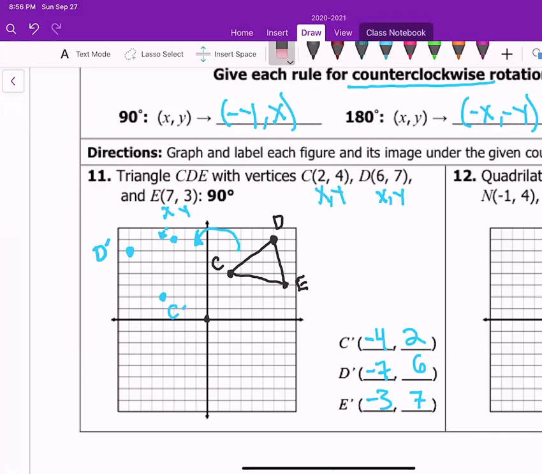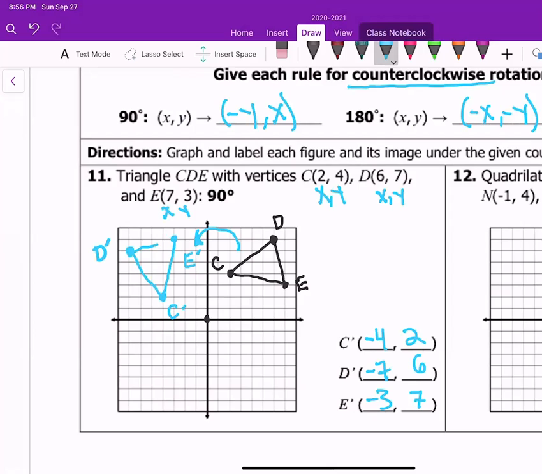That looks weird. Oh, erased it all. All right, so E, again, -3. 1, 2, 3, 4, 5, 6, 7. And this is E prime. Connect the dots. The most perfect line in the world.